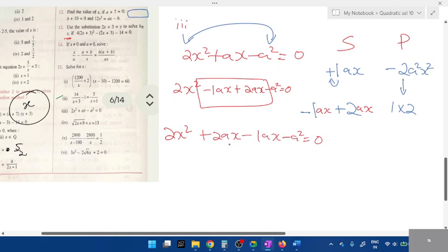If I put 2ax first, is 2 and x common? You can write however you want. You can write this combination, or you can put 2ax first and minus 1ax next. This is also fine. Okay, so if you're getting confused, ignore this, try it like this itself.